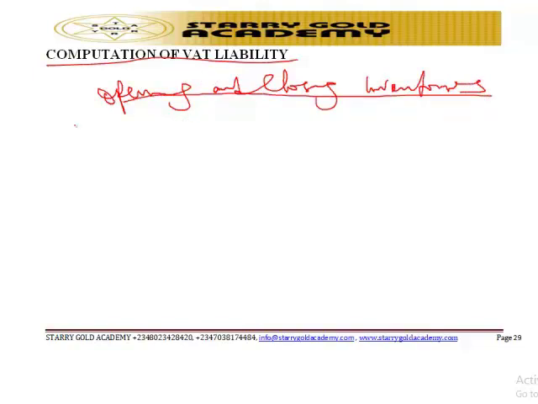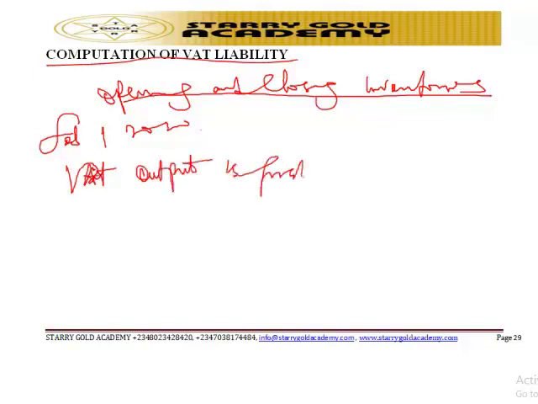Effective February 1st, 2020, in computing value added tax liability, the VAT output is first determined. The VAT output is first determined by applying the VAT rate of 7.5% on the total sales, net of allowable sales adjustments.